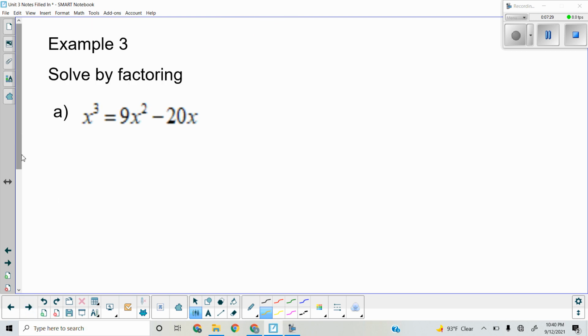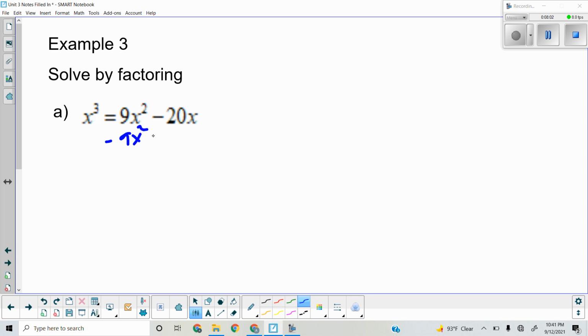So now, in this one, we have an x cubed on the left with 9x squared minus 20x on the right. I am actually going to move my right side, that 9x squared minus 20x, over. And the reason is I want to keep that x cubed positive.